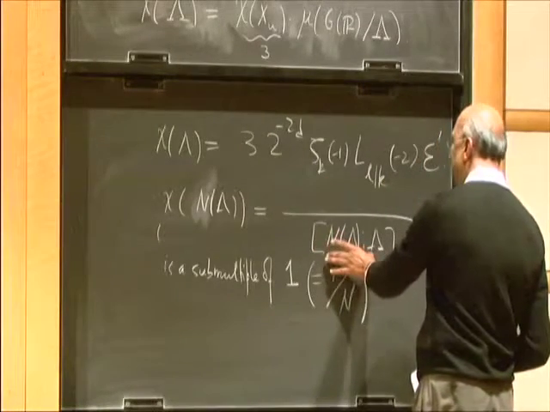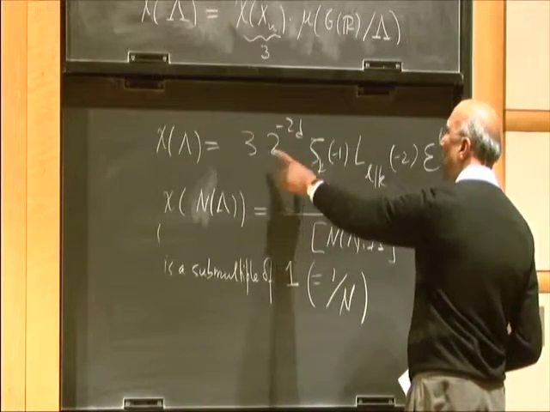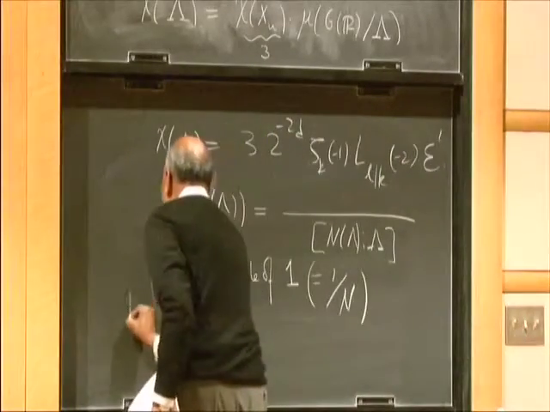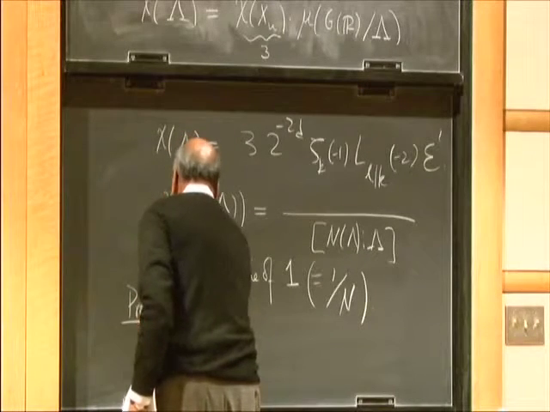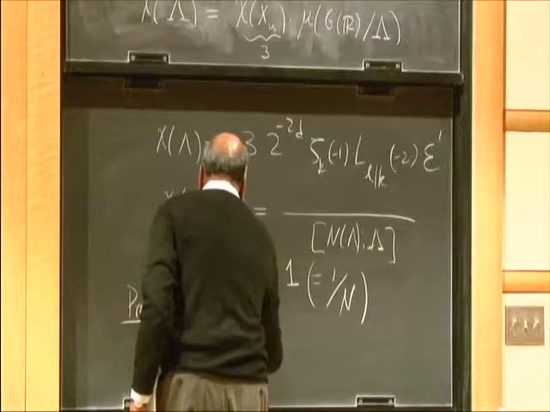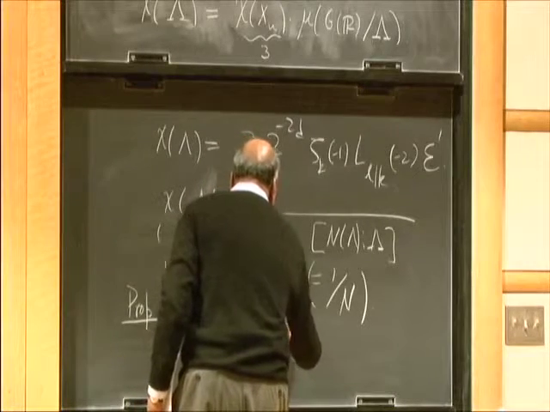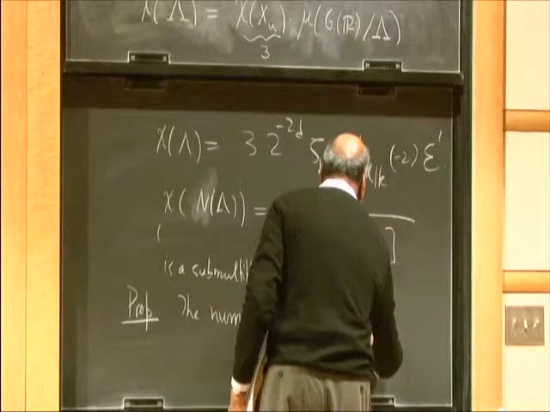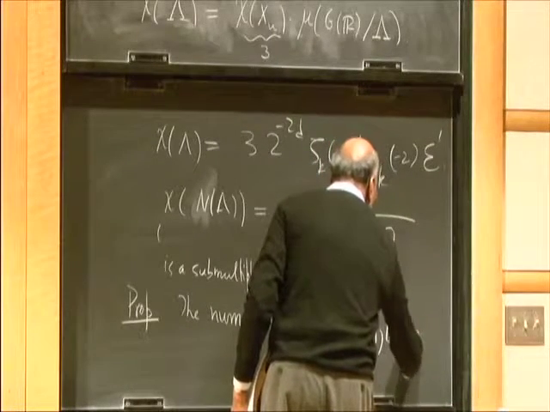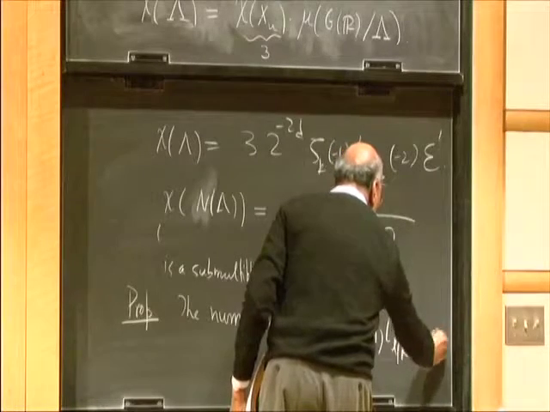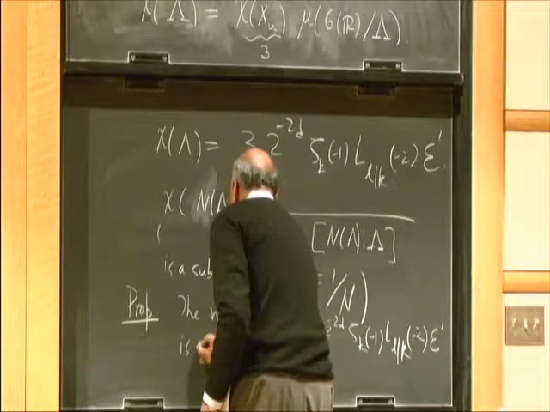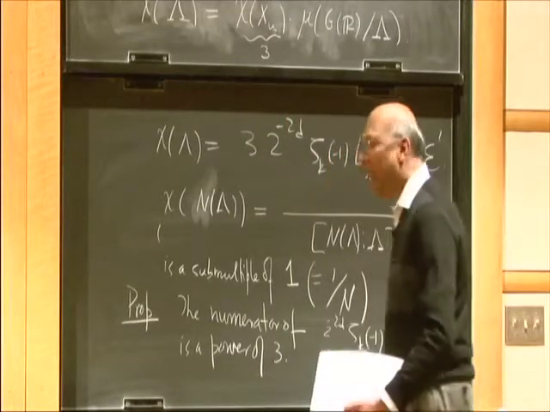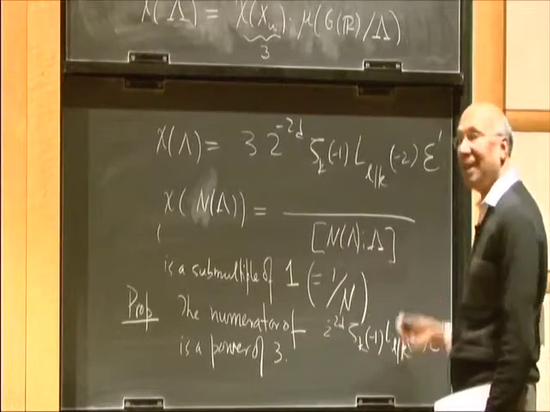Now let's look back at this formula. You have a power of 3 in the denominator, a power of 2 in the denominator, and then some rational number. The first proposition I have already proved is that the numerator of 2 to the power minus 2d zeta k minus 1 L over k minus 2, together with E prime, is a power of 3, because any other prime in the numerator will not cancel out with the denominator.